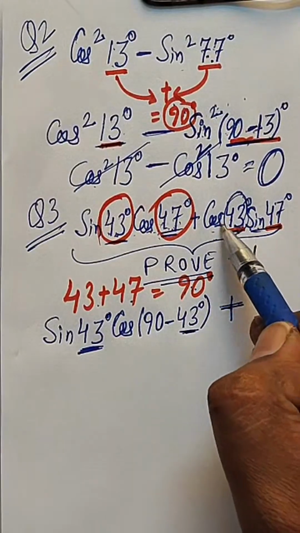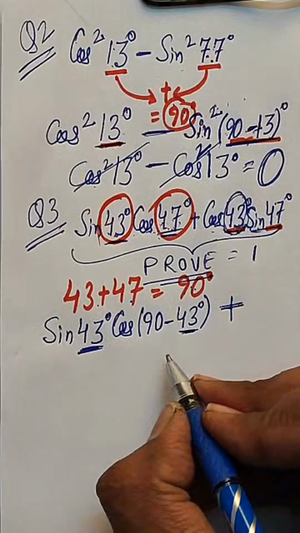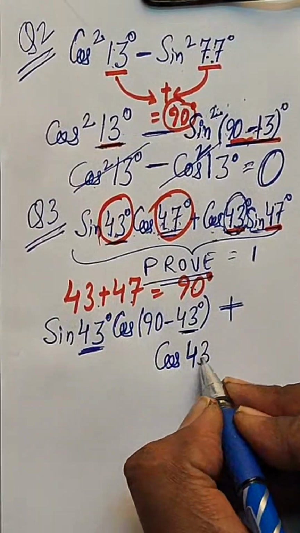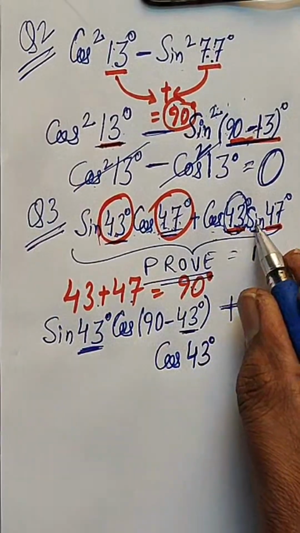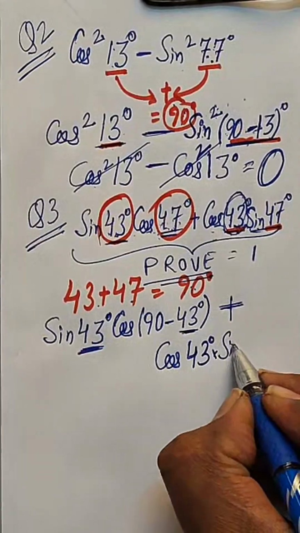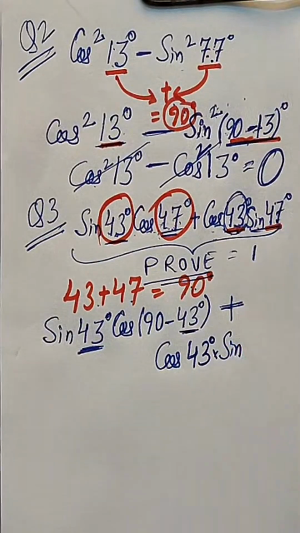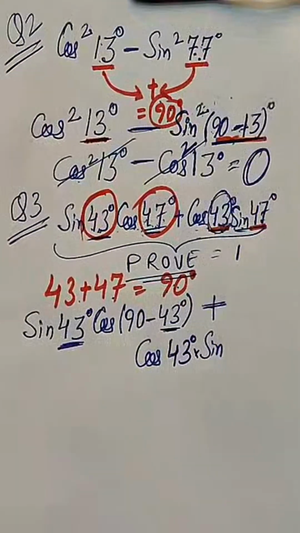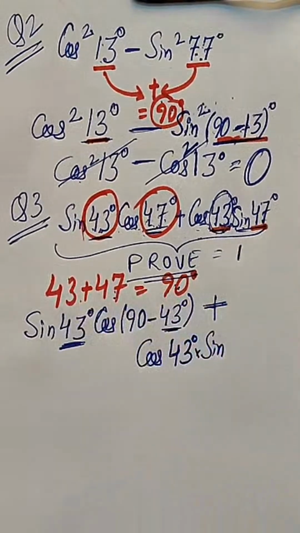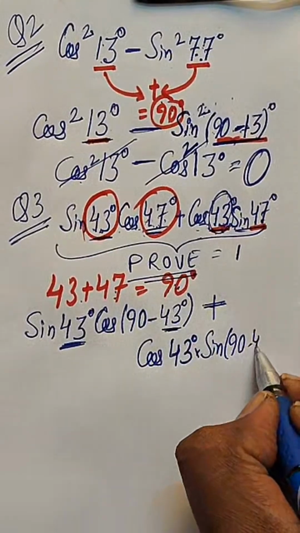So leave cos 43 as it is, cos of 43 degree multiplied with sine of not 47 but its complementary. Write the complementary of 47. Complementary of 47 is 90 minus 43. So write it, 90 minus 43.